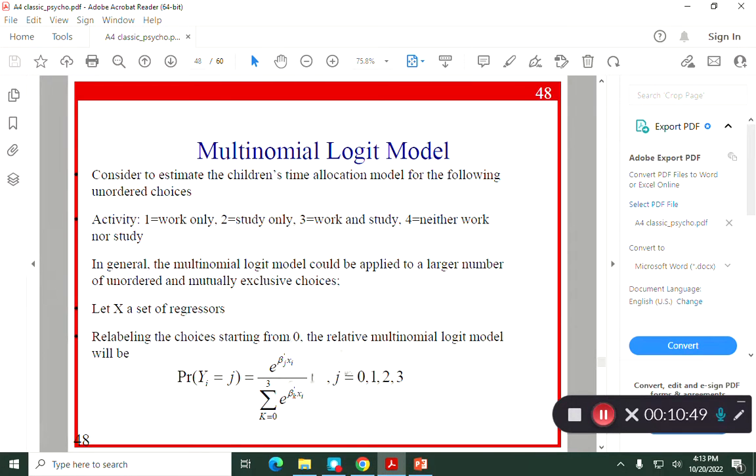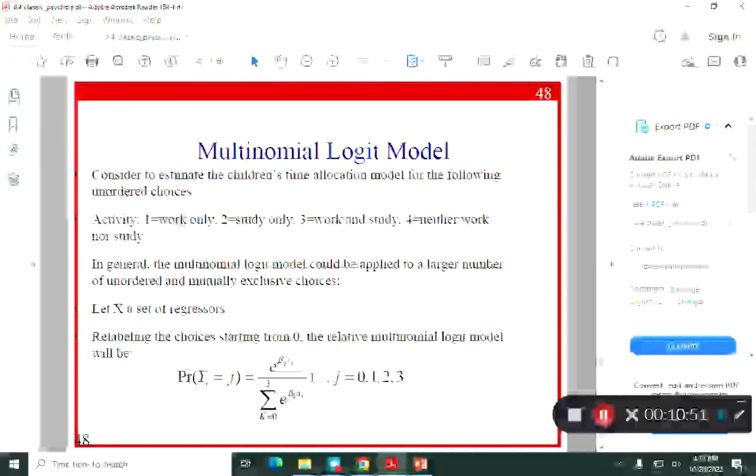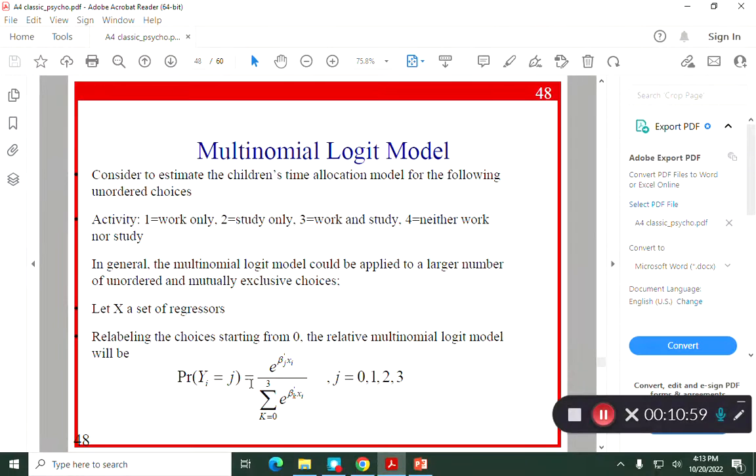A beta times x is, at that level, my exponential, my energy tends to be high. So if every time at j, the energy tends to be high, then the probability of the stick diagram tends to be high.